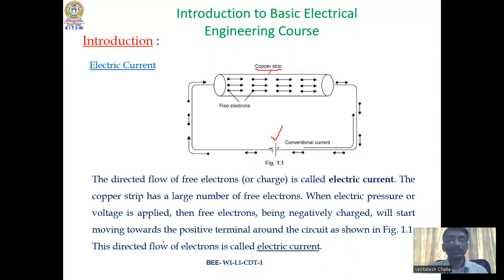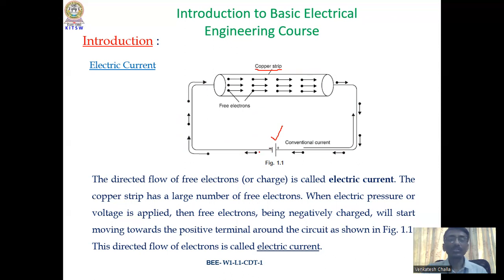So the flow of electrons through the conductor is called the current. You can see here, electrons are coming out from the battery. They flow through this connecting wire, through the conducting material, and then come out of the conducting material, pass through the wire and then enter the positive terminal of the battery.